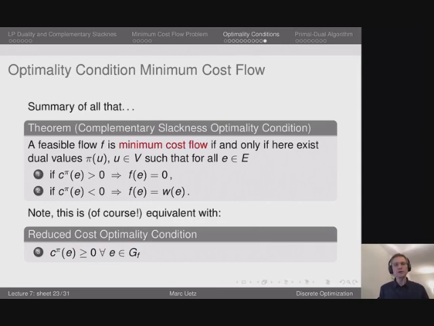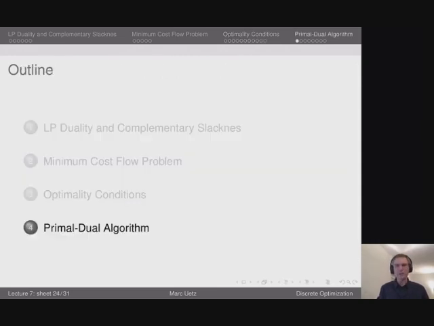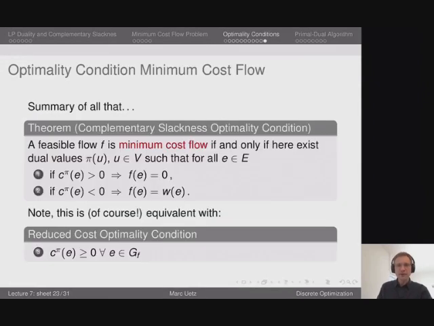So having all this set up, we can actually formulate quite easily the primal dual algorithm. Okay, so in order to formulate this primal dual algorithm, as a matter of fact, we will make use of both optimality conditions, both characterizations of minimum cost flows.